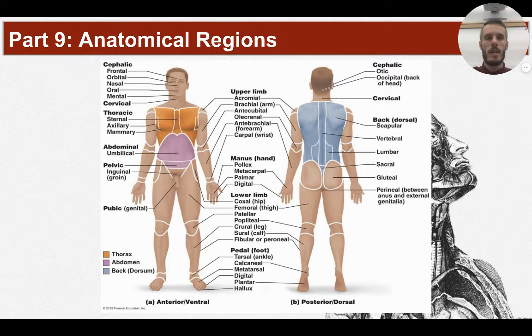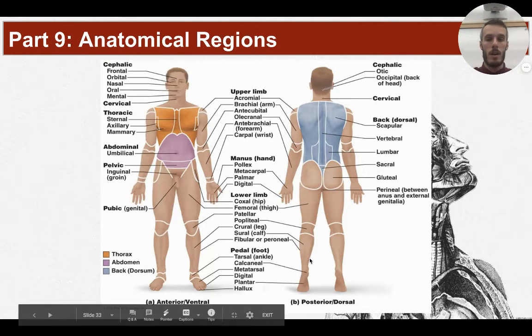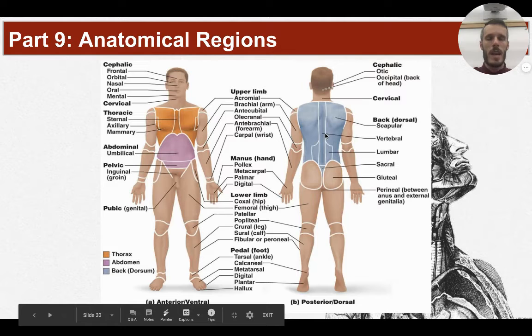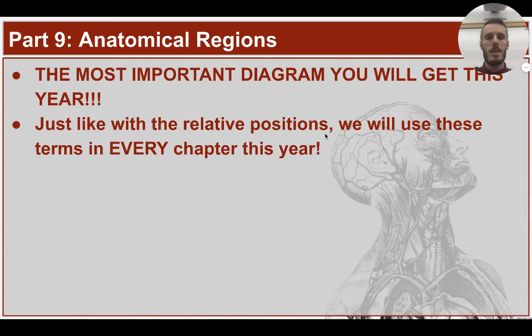Hello, everyone. Today we will be going over the anatomical regions. So again, as I have been talking about, this diagram that we're looking at right now is going to be the most important diagram you will get. Maybe I'm exaggerating here by saying this year, but it is super important.